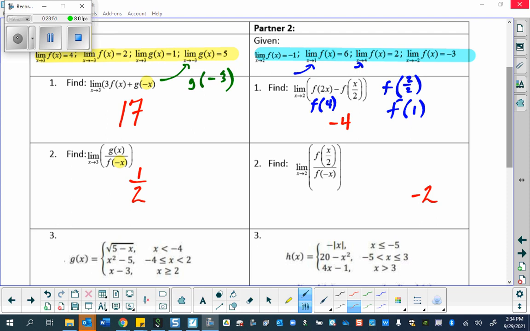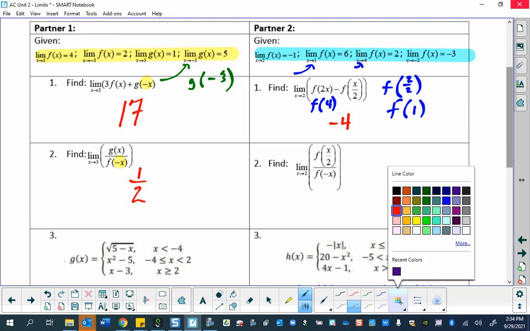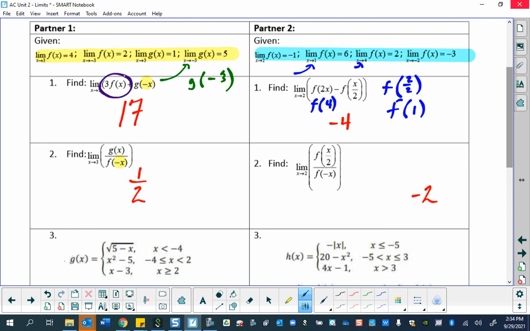So I want you to think about this one, for example. This means 3 times your output. Are you with me on that? So you want to find the limit as x approaches, what is it approaching? 3, right? The limit as x approaches 3. Okay, the limit of f of x as x approaches 3, that, my friends, is right here.